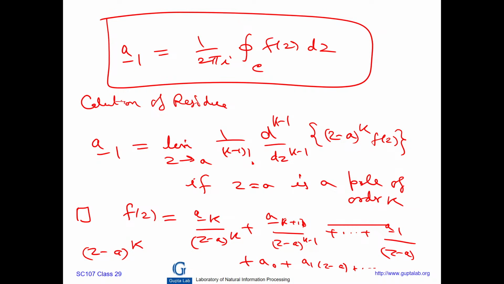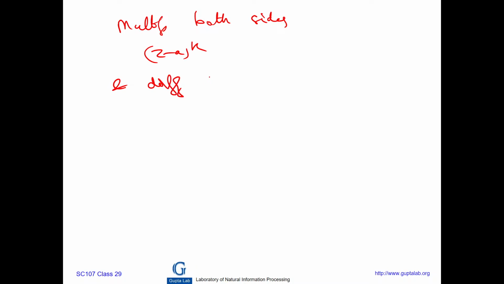So after multiplication, basically what we are doing, multiply both sides by z minus a whole raised to power k and differentiate both sides k minus 1 times.